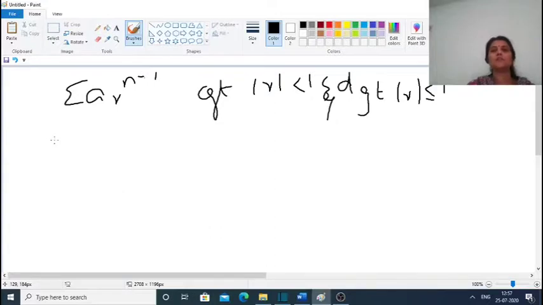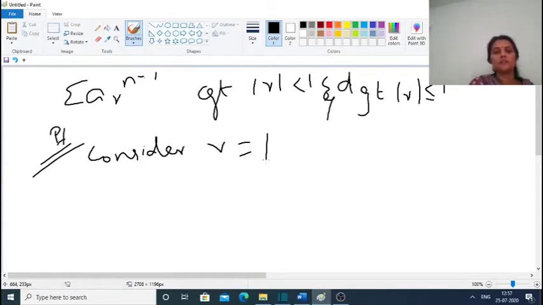So the first theorem is: sigma a r raised to n minus 1 is convergent if mod r is less than 1 and divergent if mod r is greater than or equal to 1. For the proof, consider when r equal to 1.